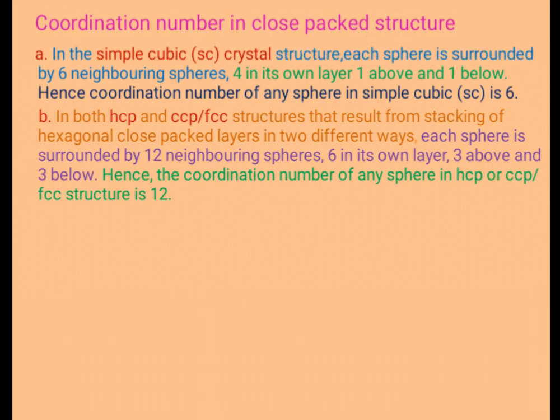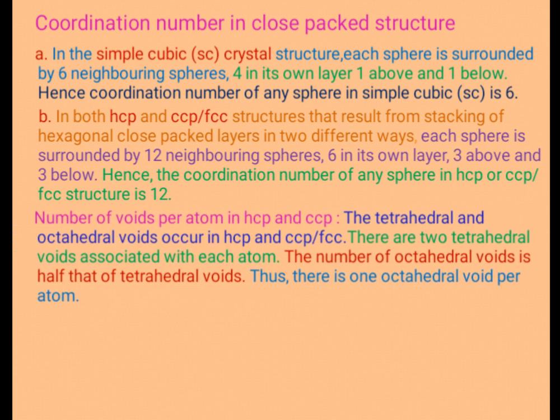Hence, the coordination number in HCP or CCP or FCC structure is 12. This is the most important point. In the simple cubic structure the coordination number is 6, while in the case of HCP and CCP or FCC the coordination number is 12.